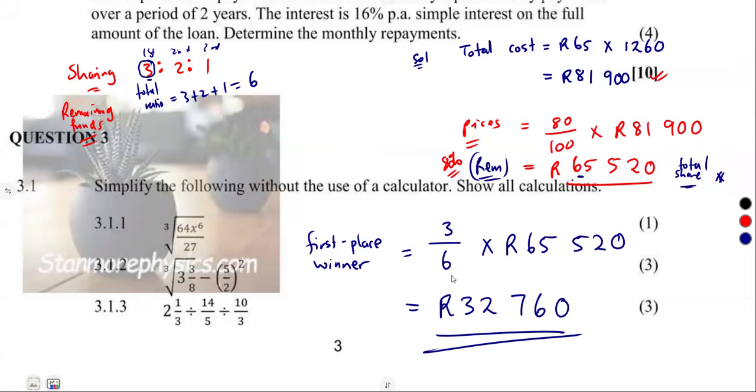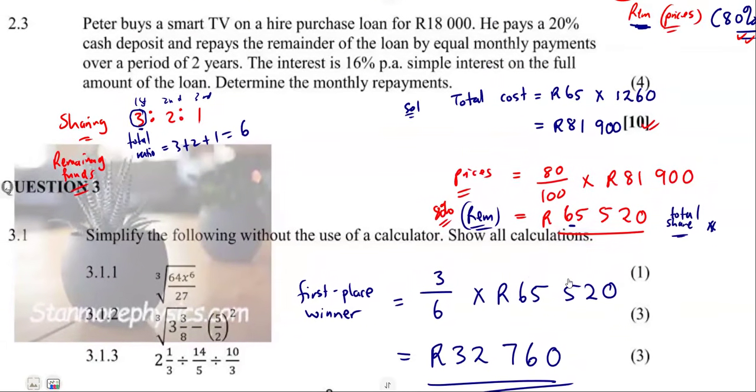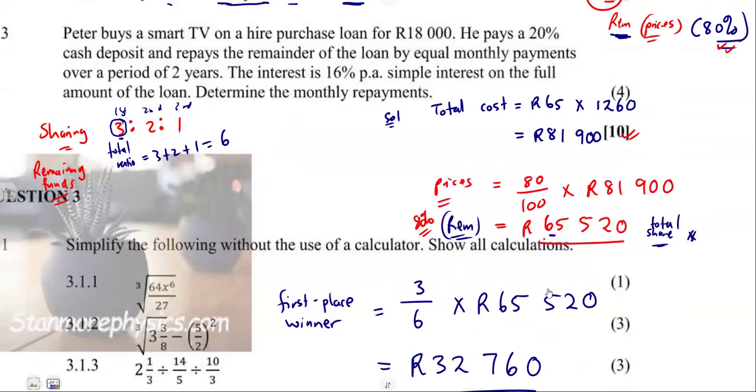So this is it. That is what the first place prize winner is going to obtain from what they were sharing. So remember your ratio, guys, when you are sharing the ratio. All right. So that was it.